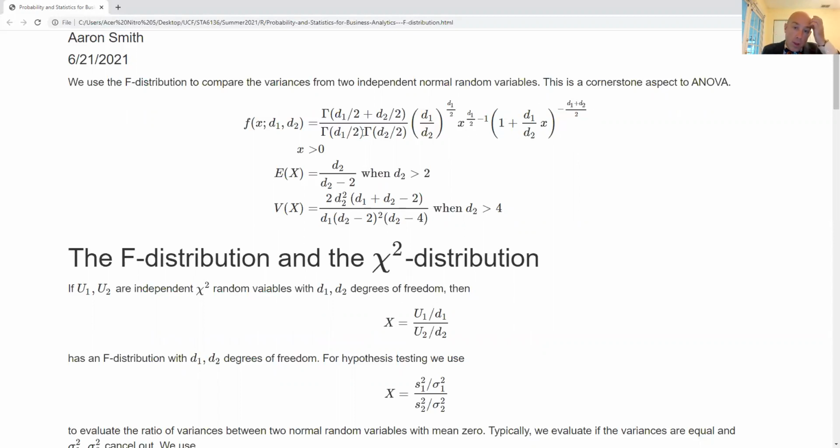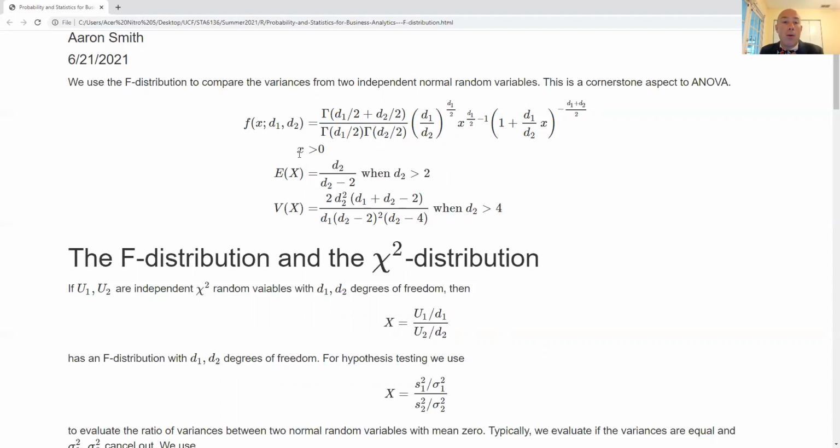Now the stuff over here, from a statistics point of view, is just a constant value used to make sure that when I integrate all of this, I end up getting 1 for the total integral from 0 to infinity. Here we have gamma of (d1 plus d2) over 2, gamma of d1 over 2, gamma of d2 over 2, the fraction of the degrees of freedom, and then d1 over 2 right here.